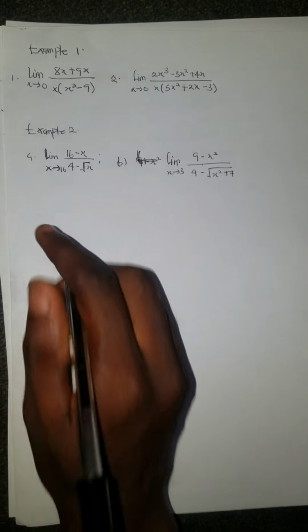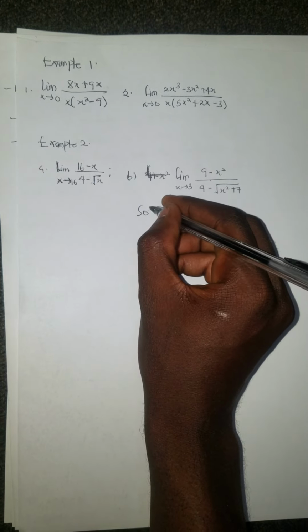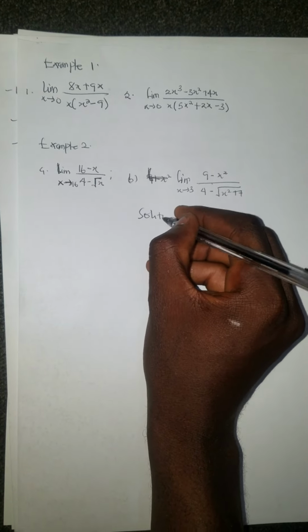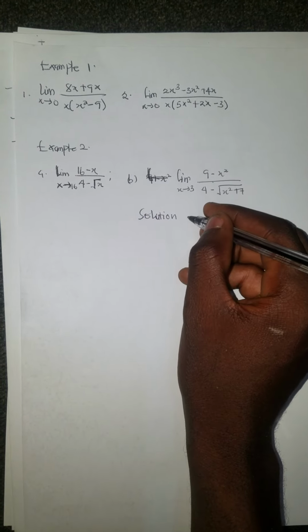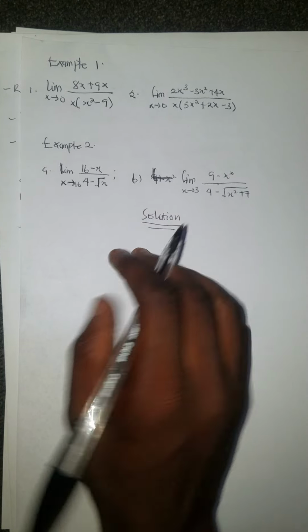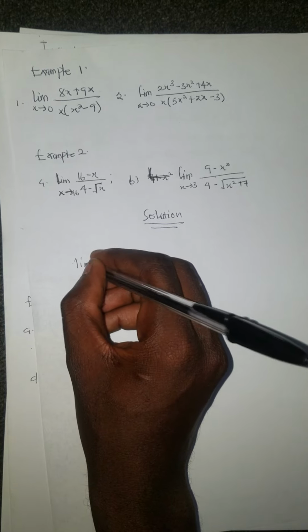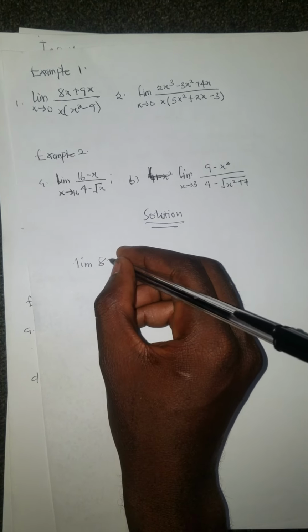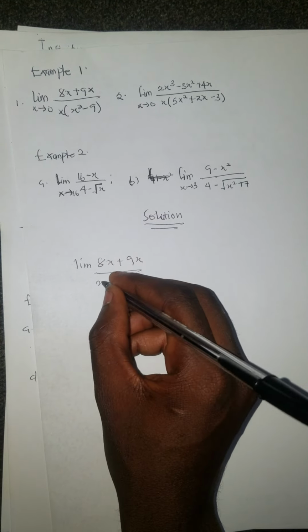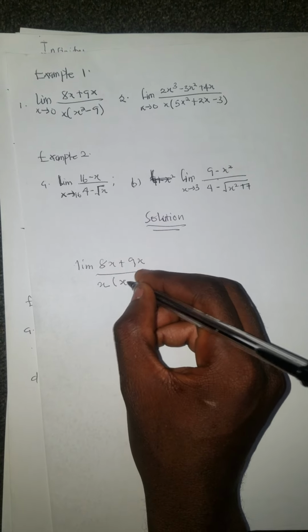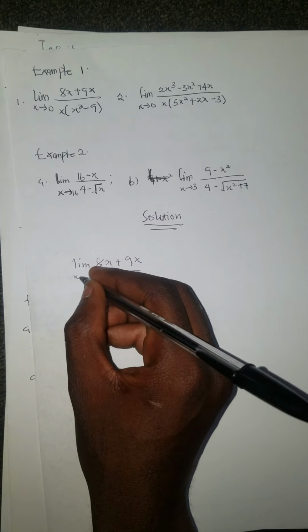Now we are taking the first question. Solution. Lim of 8x plus 9x over x squared minus 9, where x is approaching 0.